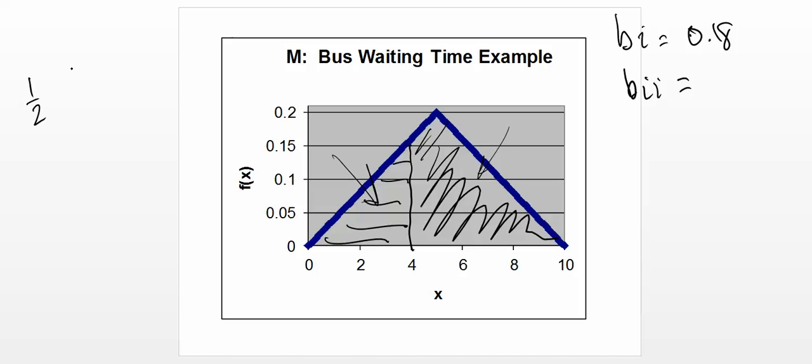1/2 times one leg is 4, and the other leg is equal to 0.04 times 4, which is equal to 0.16. So that I have 0.32, which tells us that this area is equal to 1 minus 0.32, which is equal to 0.68.